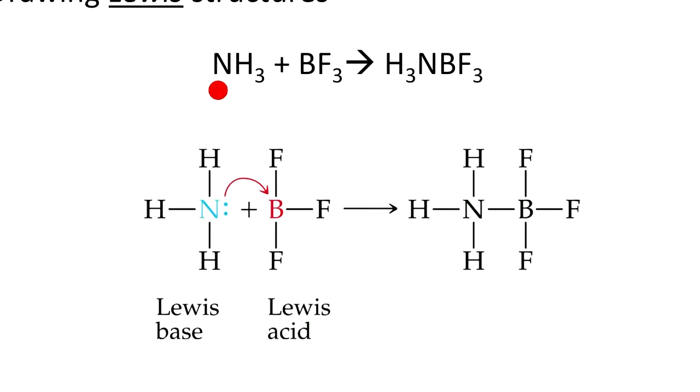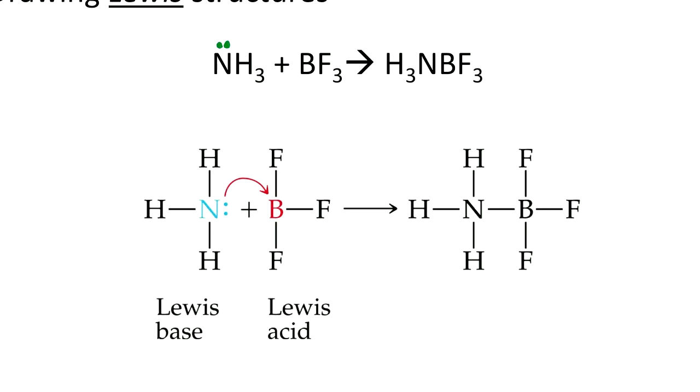So here is a reaction between ammonia and BF3. Note how I drew the lone pair that's on ammonia, because this is important since Lewis acid base theory looks at electron movement. If you look at this example, it's not really obvious what is donating H pluses if we're thinking truly acid-base theory.